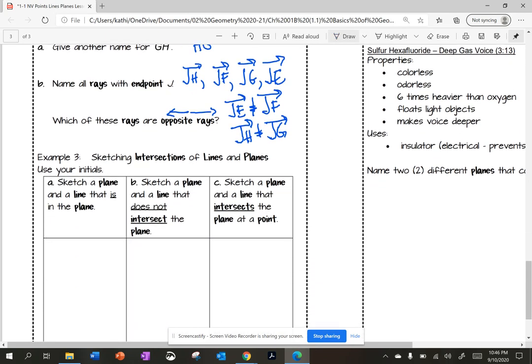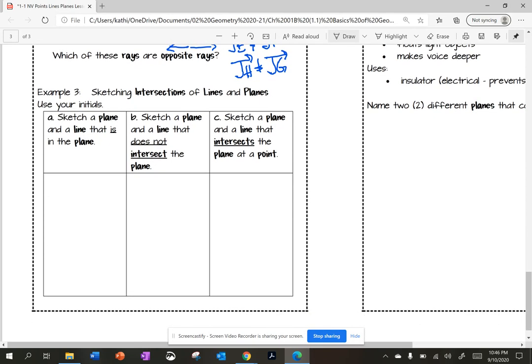Okay, so let's sketch some information from some words. We're going to use your initials. My initials are KS, so I'm going to use my initials, but you use your initials. Sketch a plane and a line that is in the plane.